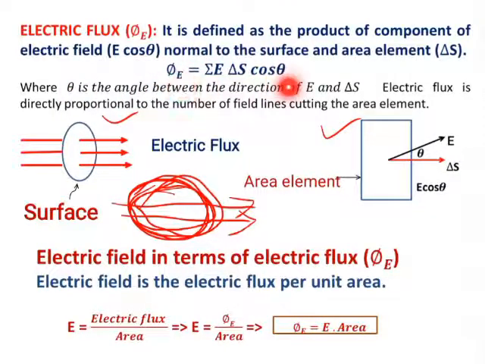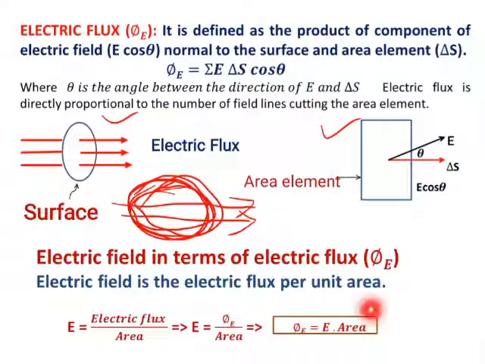And what is theta here? The angle between E and delta S. Theta is the angle between the direction of E and delta S. So E is in this direction and this is the direction of delta S. Between these two, the angle is theta. That is the reason we write cos theta here.